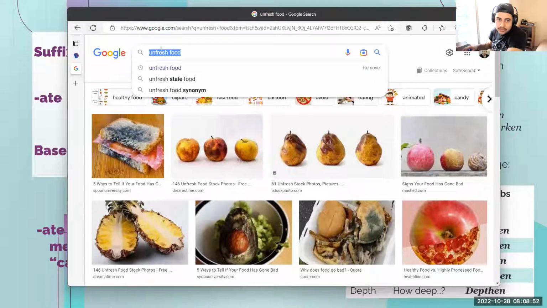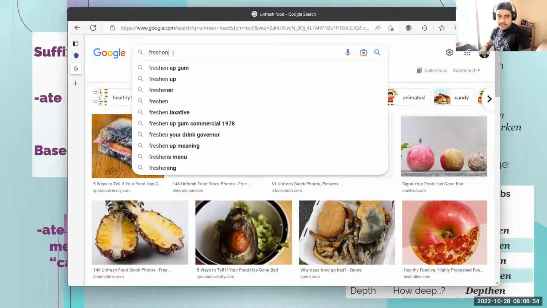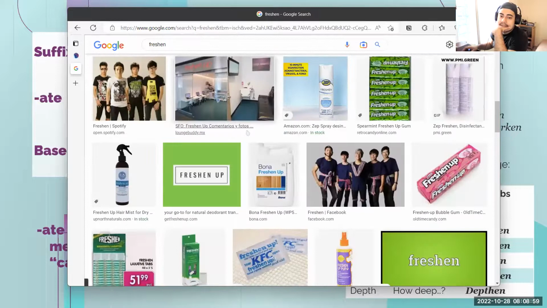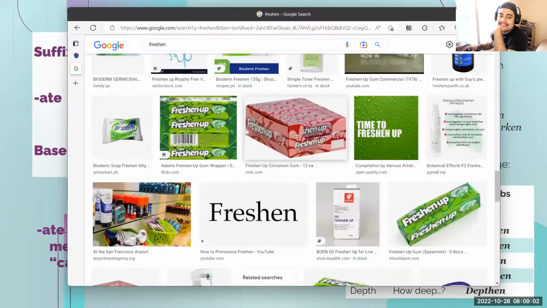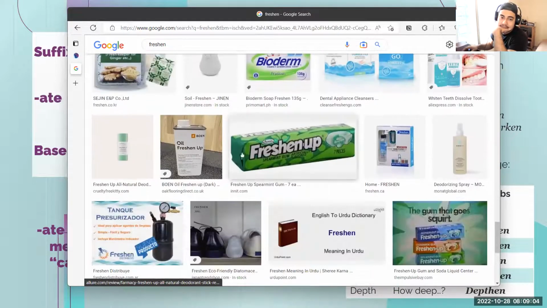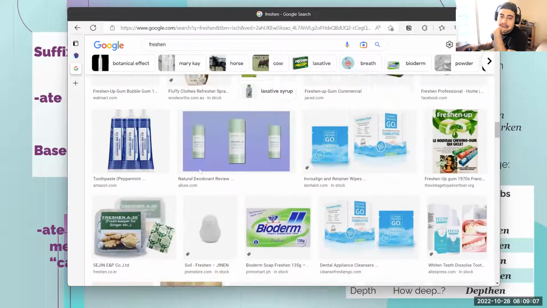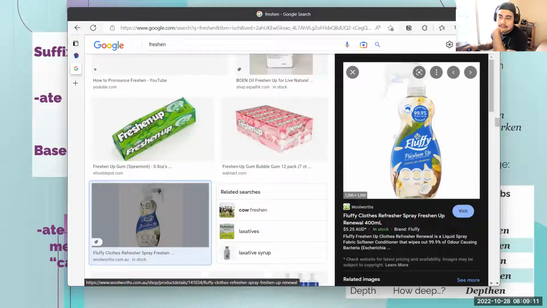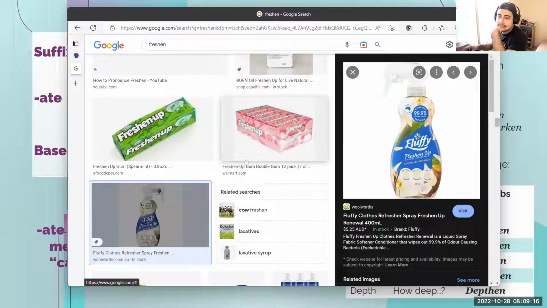I want to use the word freshen, as making something fresh. For example, when you are using this type of products, they freshen the environment. Or chewing gum, when you wash your teeth, you freshen your breath.